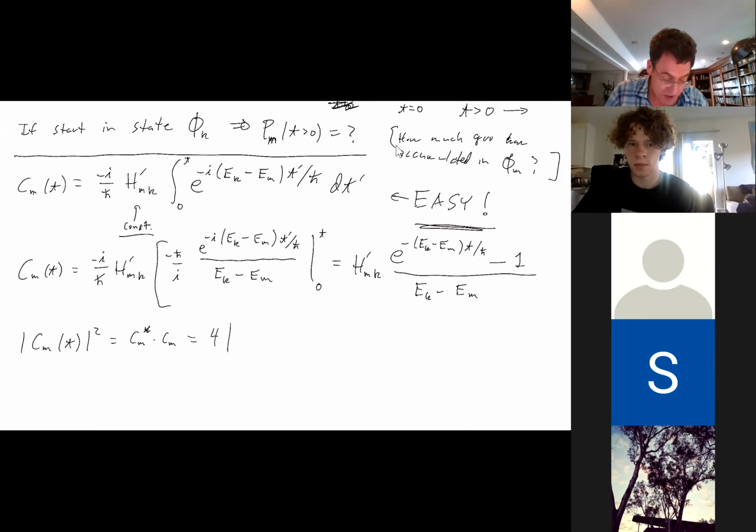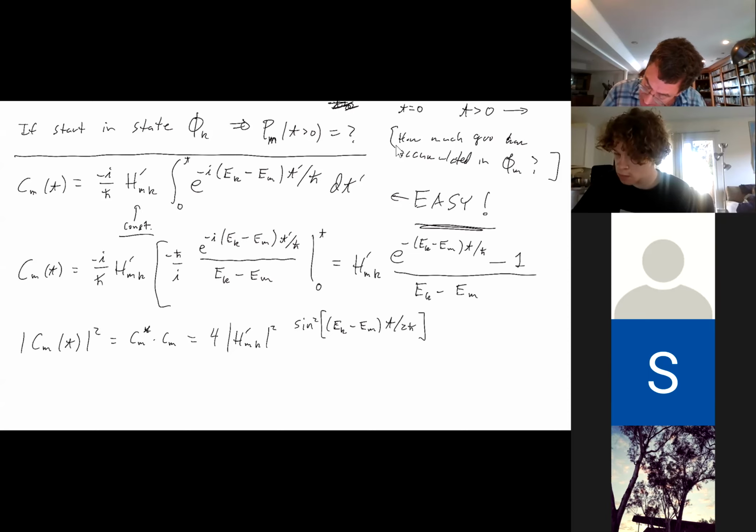And this is the result that you get: the magnitude of H prime m k squared, times sine squared of (E_k minus E_m) t over 2 h bar, divided by (E_k minus E_m) squared.